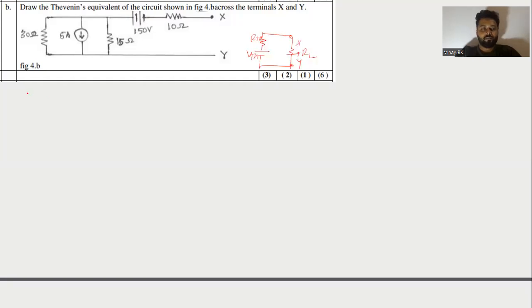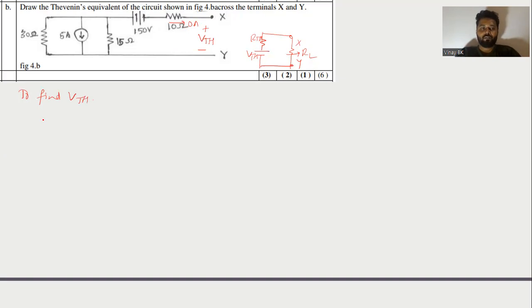So first, to find VTH, there is no load resistance. They only removed the load resistance and they have given the terminals. So that is just right. You need to find the value of VTH here. VTH plus and minus. Since the terminals X and Y are open, the current that flows through the 10 ohm is 0 amperes.